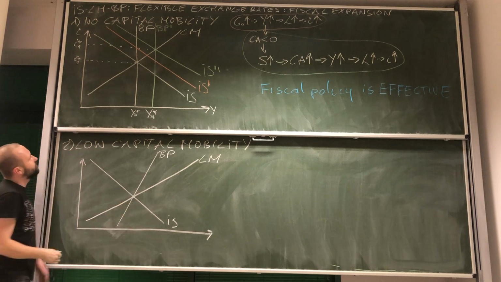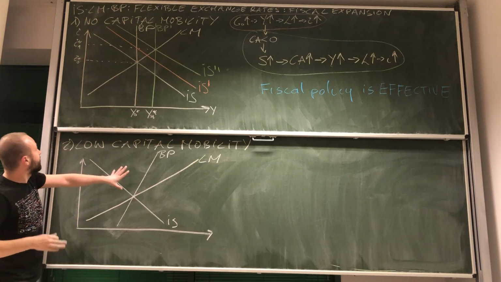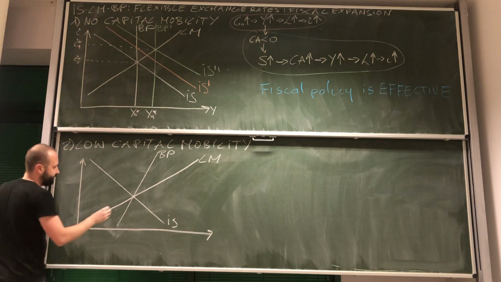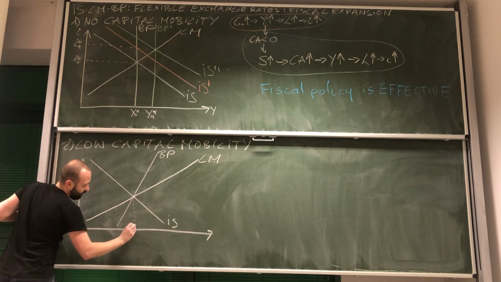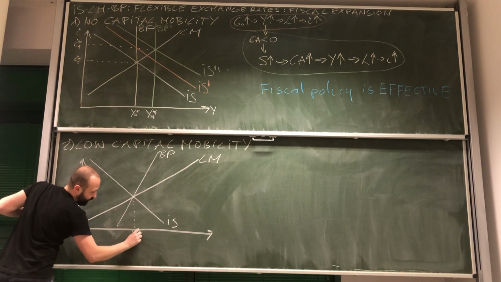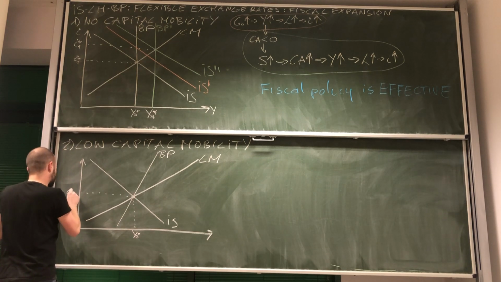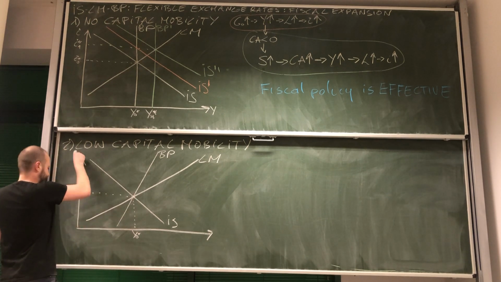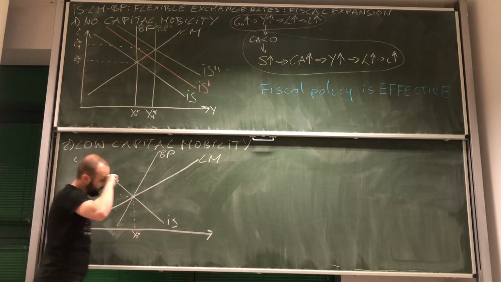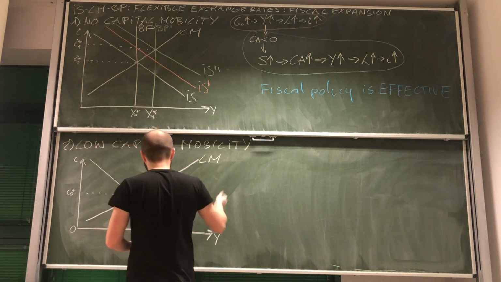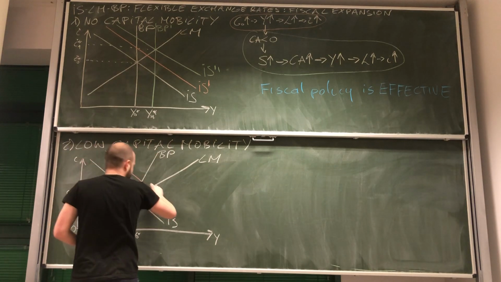Of course, we are assuming that IS and LM are not changing again. The only thing that rotates is BP. So here is our initial equilibrium, and here is the interest rate. So again, government is increasing the level of spending.